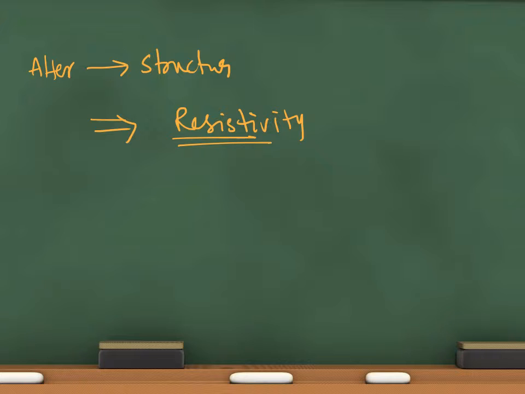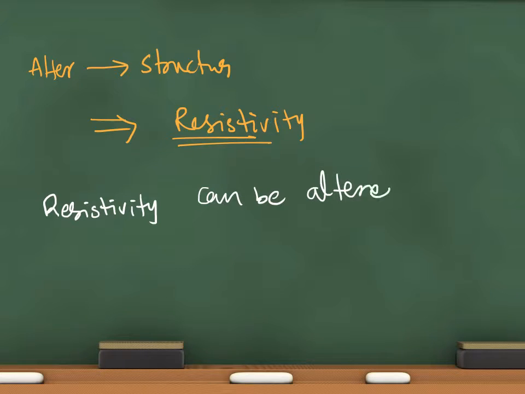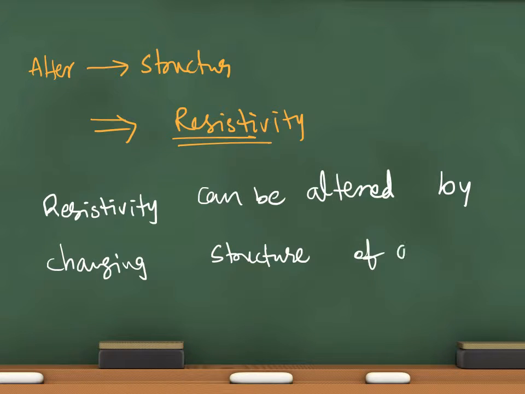Resistivity can be altered by changing the structure of the atom. How can we change the structure of the atom?